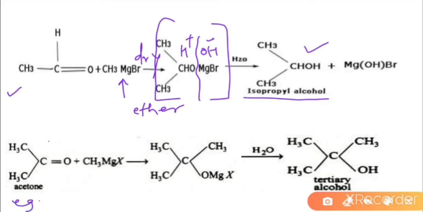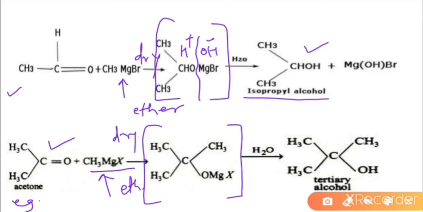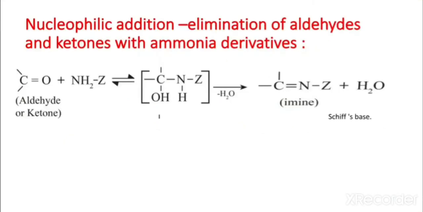For example, when acetone is treated with methyl magnesium halide in presence of dry ether, it gives organometallic complex, which on acid hydrolysis gives tertiary alcohol.